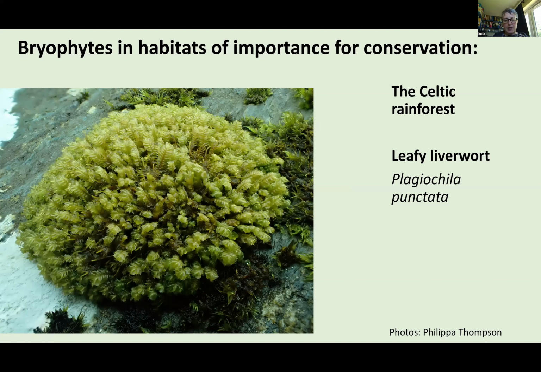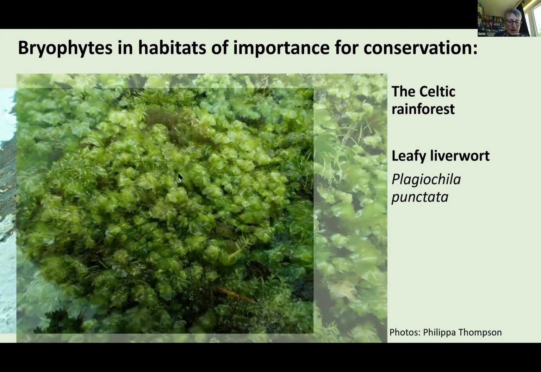As a genus Plagiochila doesn't have underleaves. But you can clearly see from the photograph, the individual shoots have got 1 stem and the little leaves coming out. No underleaves. And a little close-up will show you that at the edges of the leaves, there are little teeth as well.